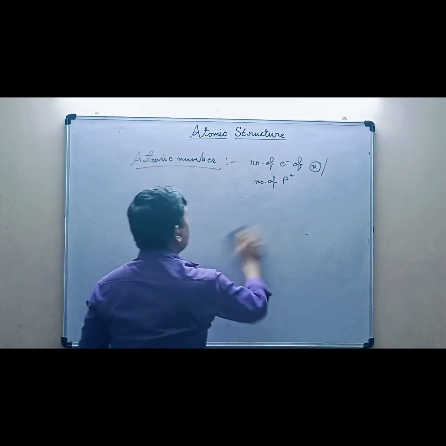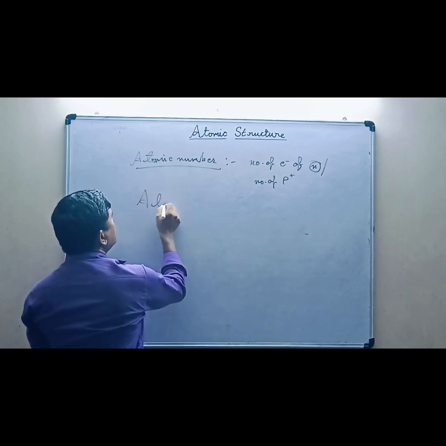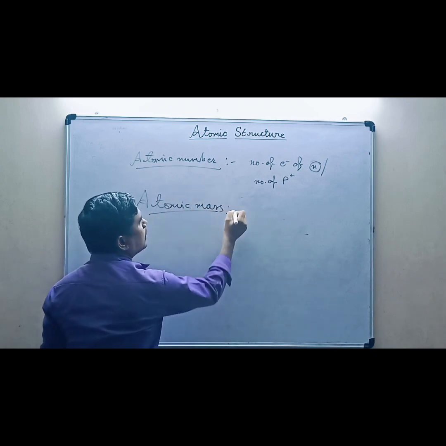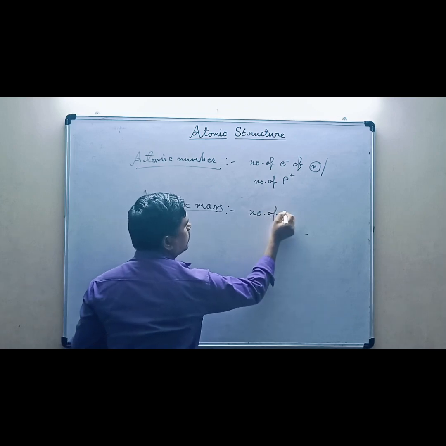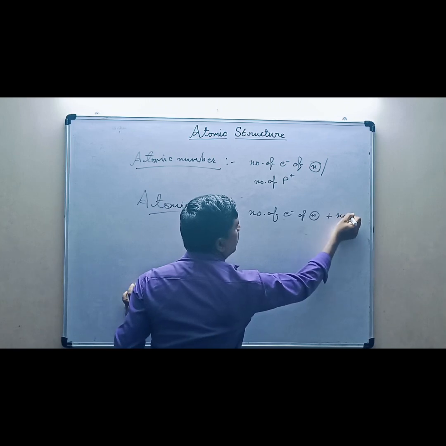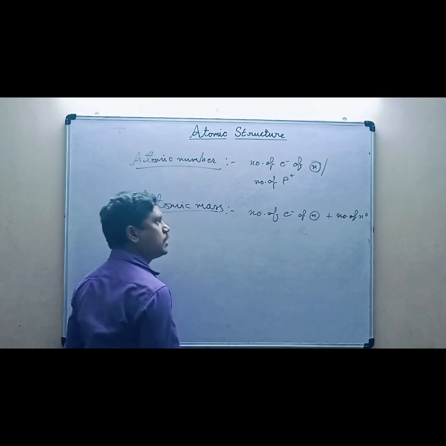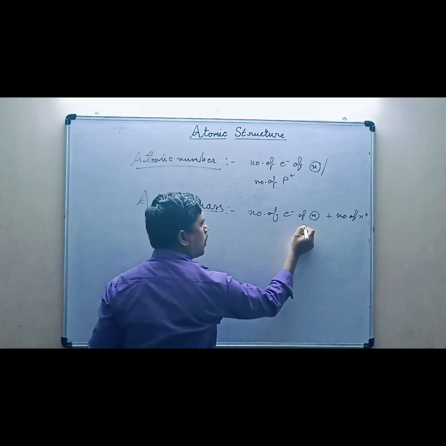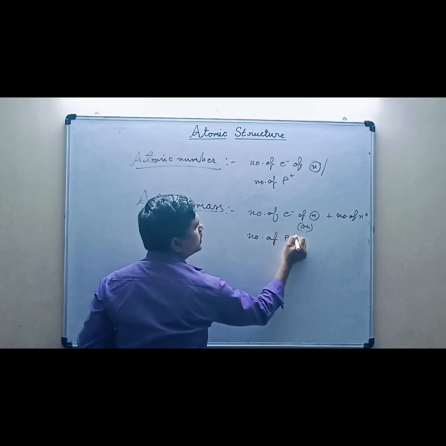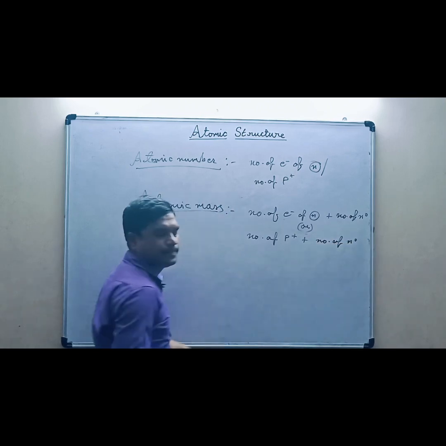Okay, the next definition given here is atomic mass. What is atomic mass? It is the number of protons plus the number of neutrons.